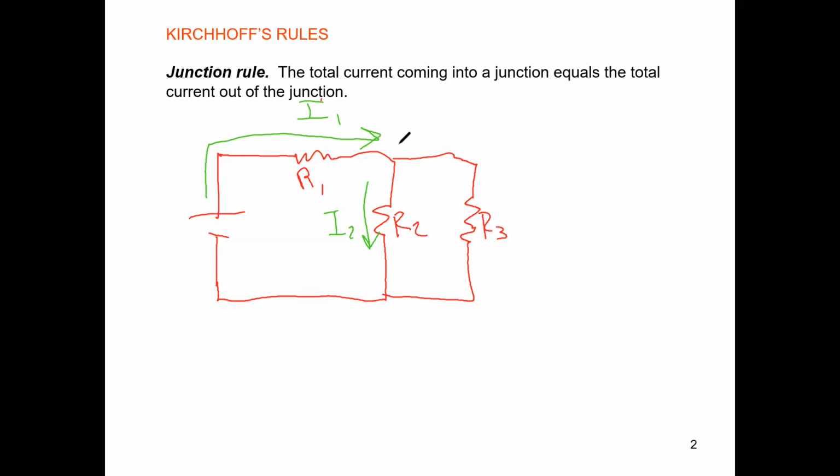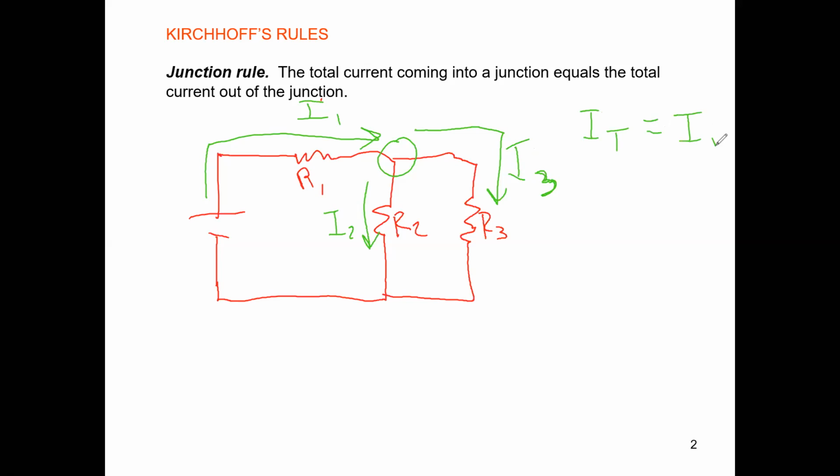When that current gets to this junction right here, it's going to split. Some of that current is going to go through the line that has resistor 2 on it, and some is going to go down the line that has resistor 3 on it. Now, the total current coming out of the battery is the same as the current that goes through resistor 1.